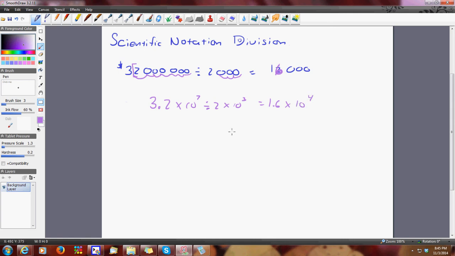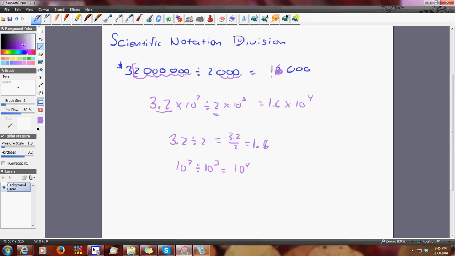Well, what I want you guys to realize is this. 3.2 divided by 2 is 1.6, and 10 to the 7th divided by 10 cubed equals 10 to the 4th.